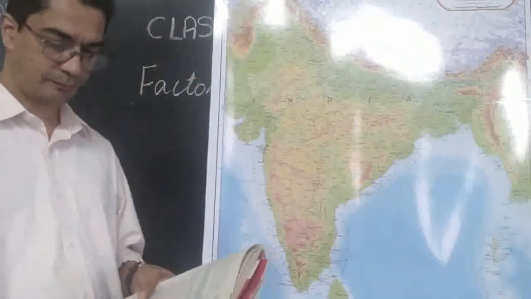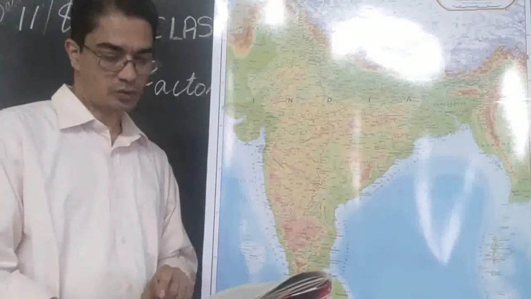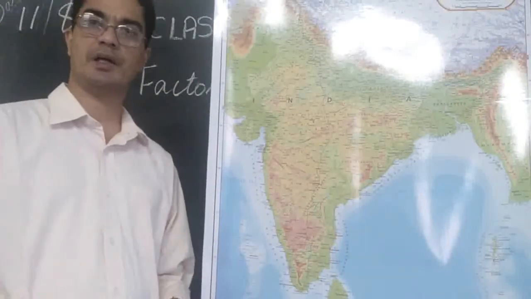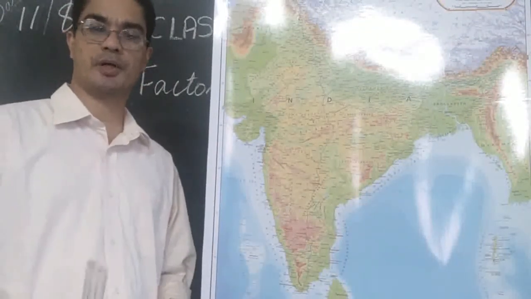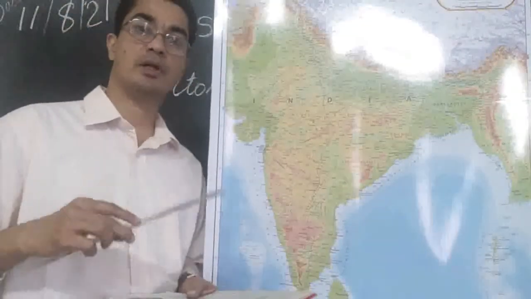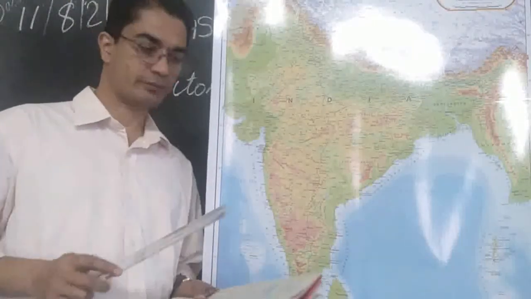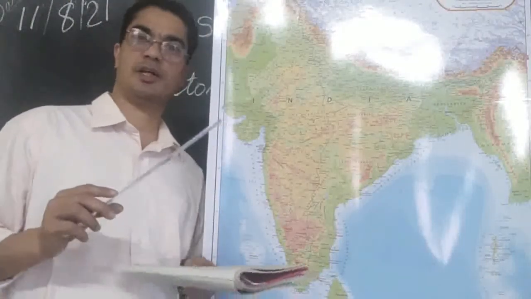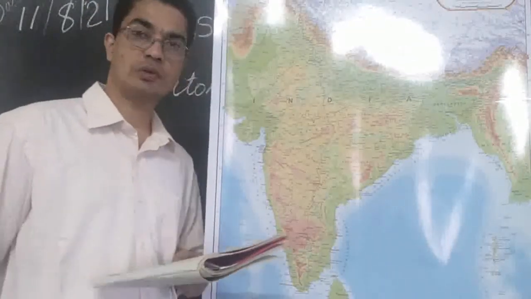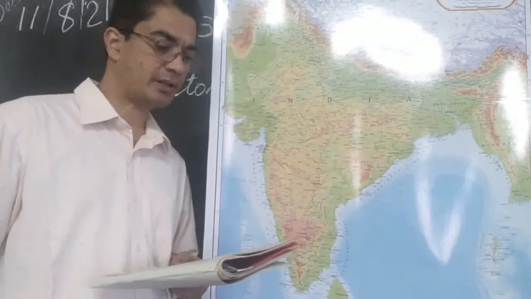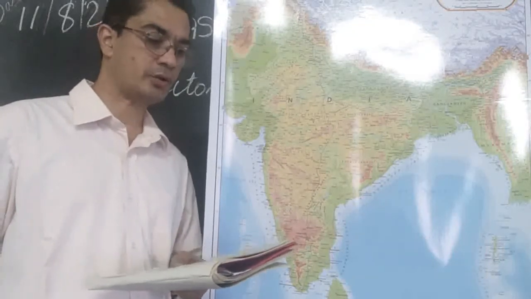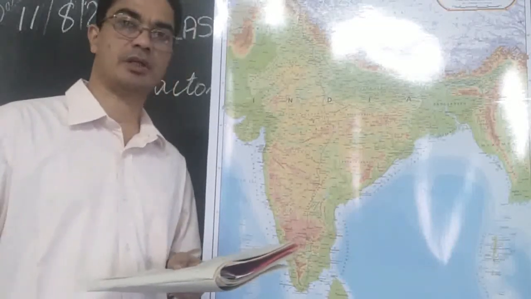That area is experiencing very high pressure, and if the pressure is very high, then the wind also is very strong. Always where there is high pressure, the wind will be very strong, and they blow south, get deflected to the right due to Coriolis Force and move on towards the equatorial low pressure area.